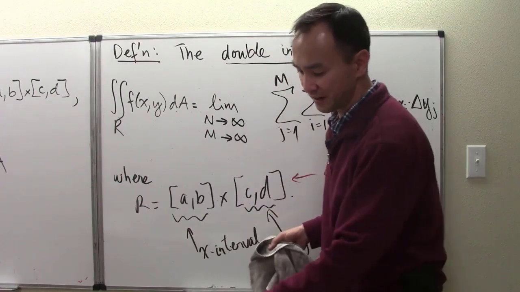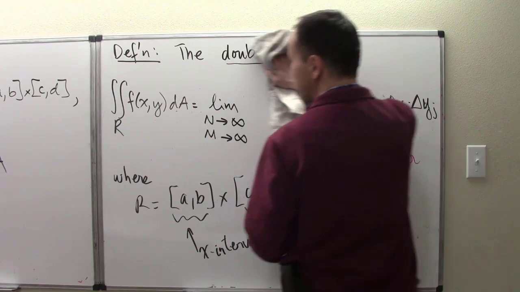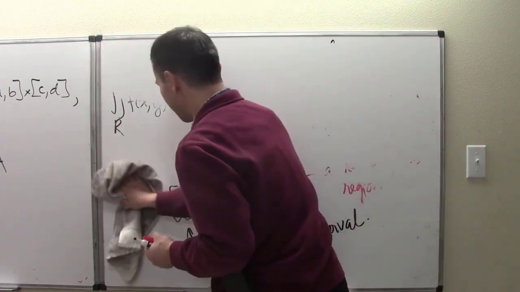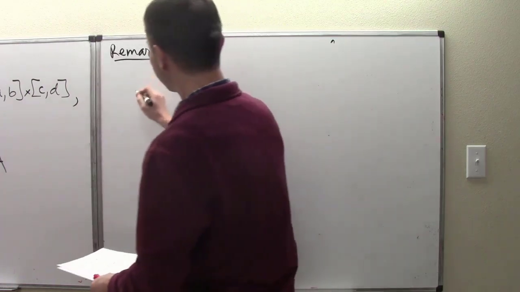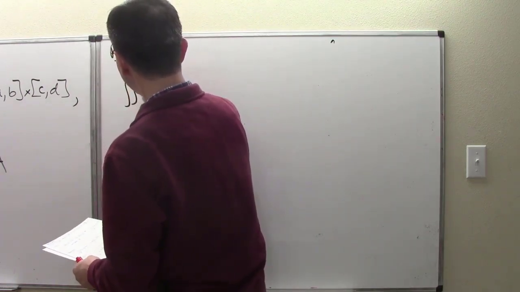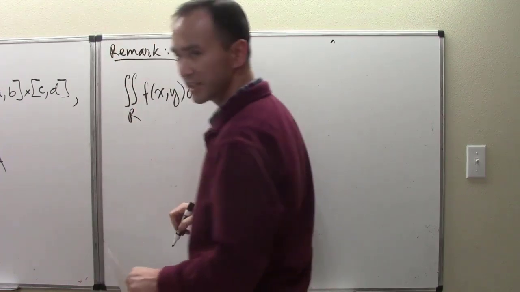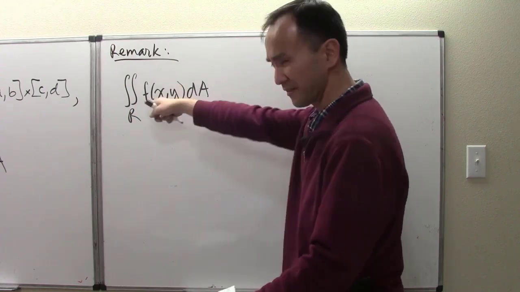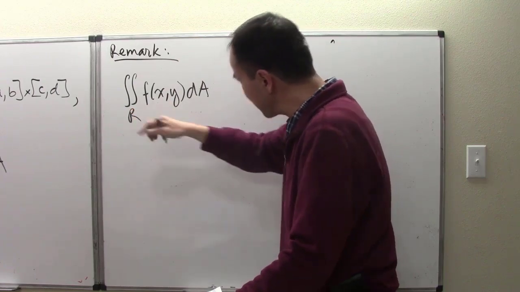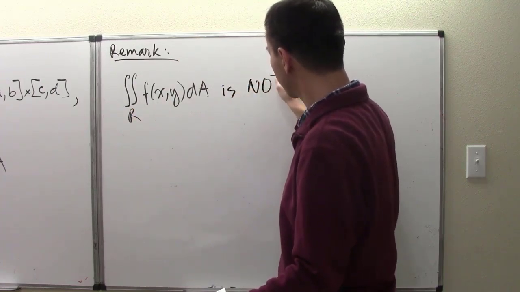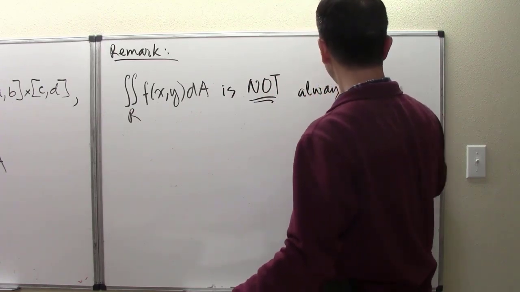As a remark here, after I have explained one of the applications: a double integral, and at this point we still have not learned how to calculate one specifically, we didn't learn any methods yet, but after knowing what it is, a double integral over a rectangular region is not always a volume.